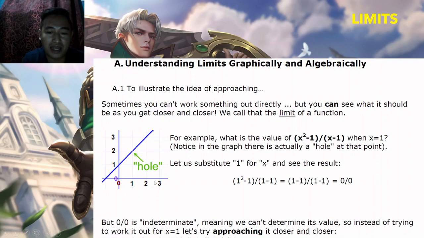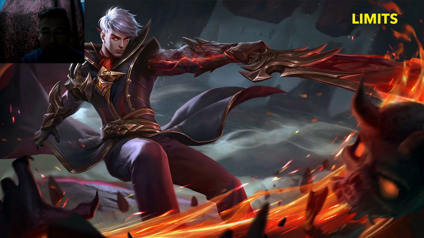So since indeterminate class, meaning we can't determine its value. So instead of trying to work it out for x equals 1, we try approaching it closer and closer. Okay. So, ang atong buhaton class, kay since indeterminate man siya sa 1, so mangitatag values nga magkaduol jud siya class sa 1. Okay.